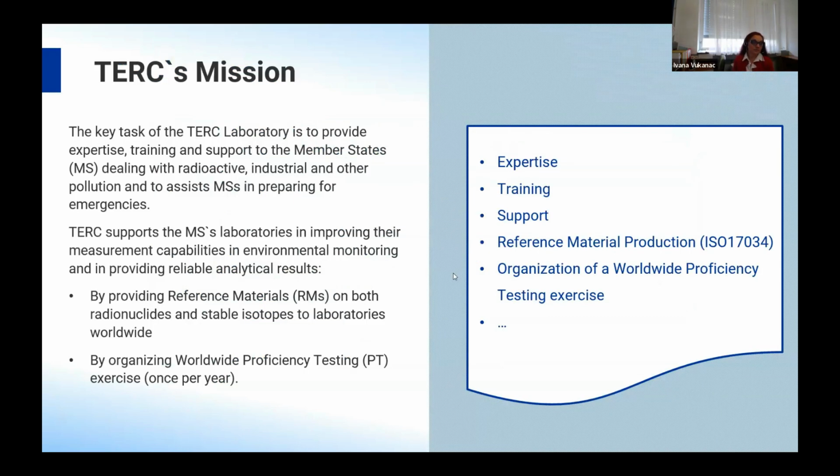What is our mission? The key task of the TERC laboratory is to provide expertise, training, and support to the member states dealing with radioactive, industrial, and other pollution, and to assist member states in preparing for emergencies.